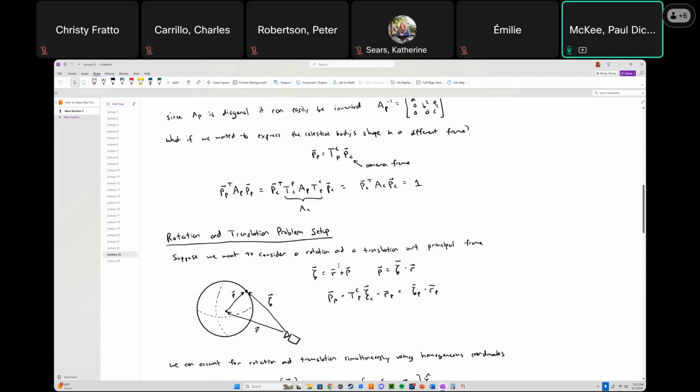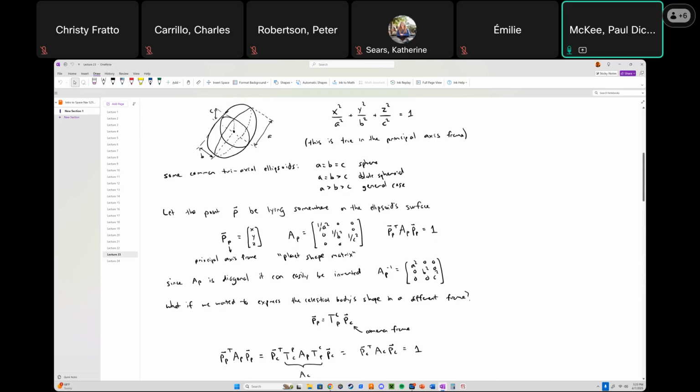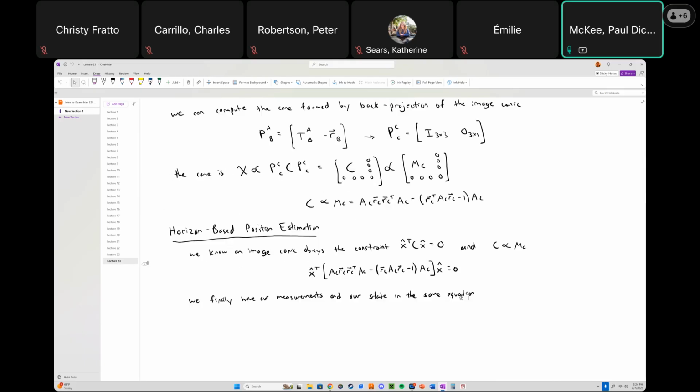But then even further back, we said that AP just comes from the long, short, and then medium axes of our triaxial ellipsoid. In theory, you could look those up if it was the Earth or the Moon or Mars, and so on and so forth. So we can look up AP. We're assuming that we know our rotation, T from C to P. So AC is something that we know going in.